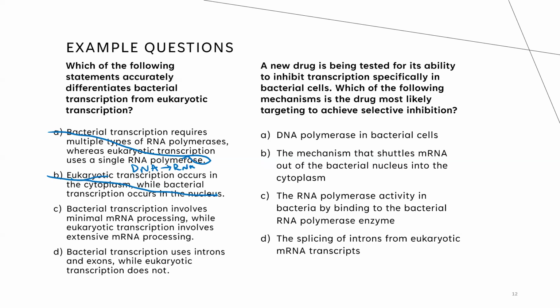C, bacterial transcription involves very little mRNA processing, while eukaryotic transcription involves extensive mRNA processing. And this is true. This is basically the part where we're going to be talking about introns and exons. So that's the extensive processing that eukaryotes do, and bacteria don't need to do it at all. They don't have those. All right, and D, bacterial transcription uses, no, that's literally what I just said, that's opposites. So C is your answer.